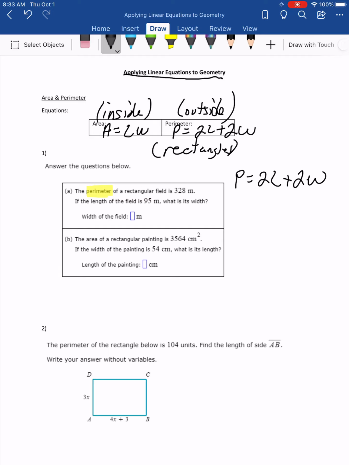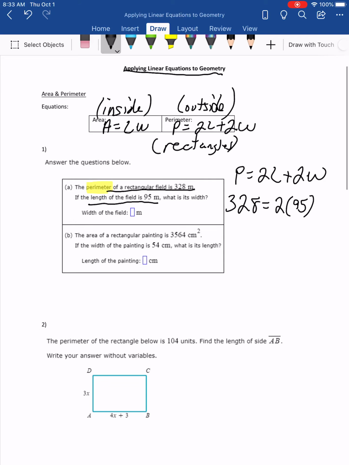And what we know here is the length is 95 and the perimeter is 328. So we can substitute 328 for P, and we can substitute 95 for L, and we'll keep W because W is what we want to solve for. It's what we don't know.